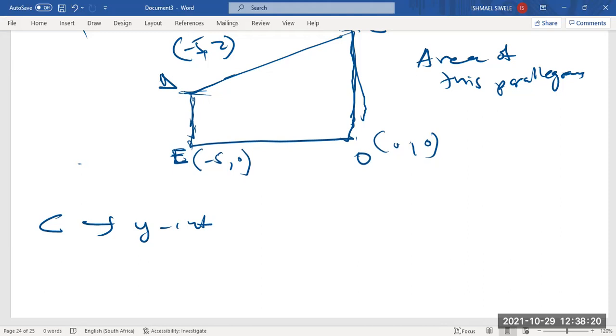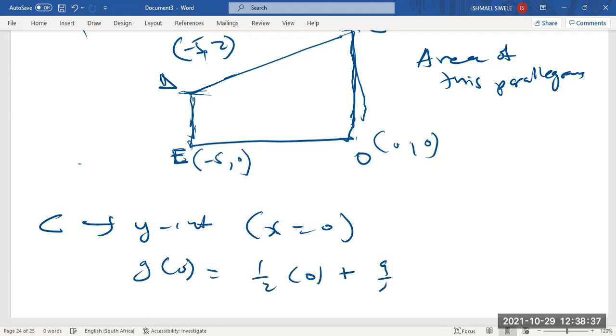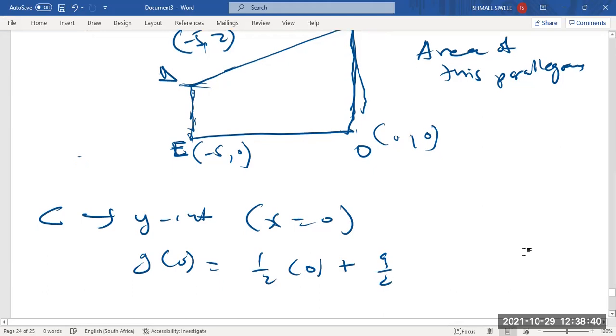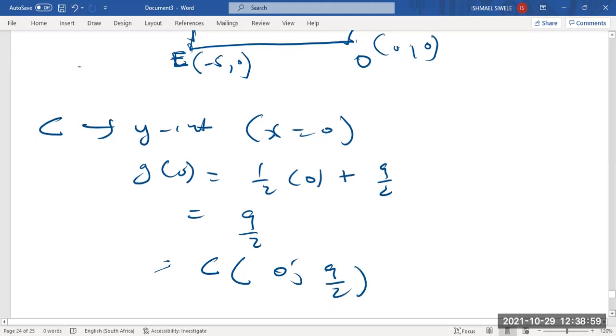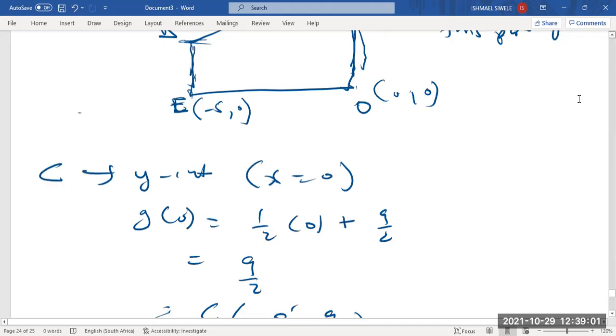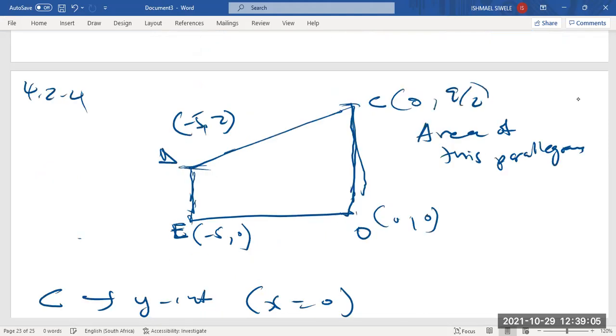We know that for y-intercept, we let x equal to 0, and then g of 0 equals 1/2 times 0 plus 9/2. This is 9/2. Therefore, the point C is going to be 0 and 9/2. So we now have this point here.